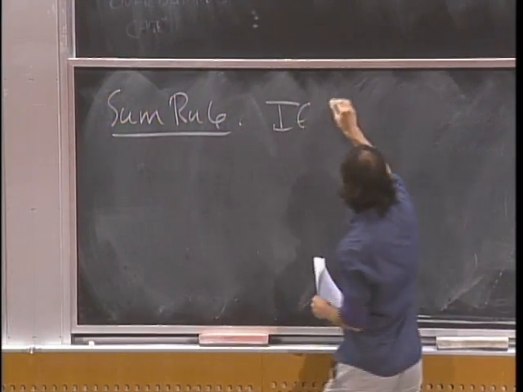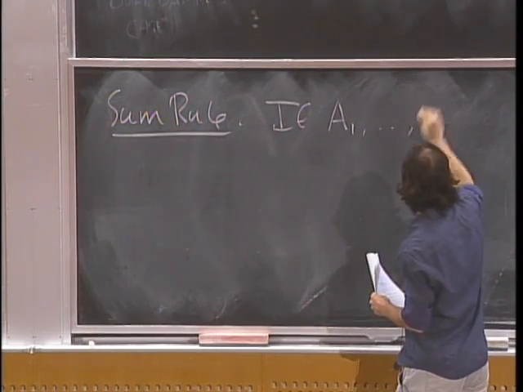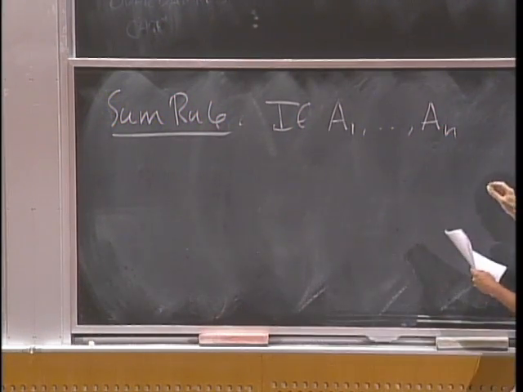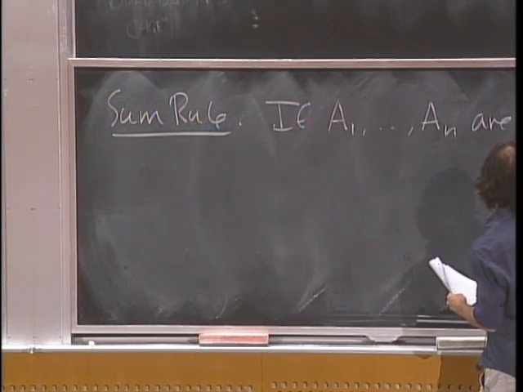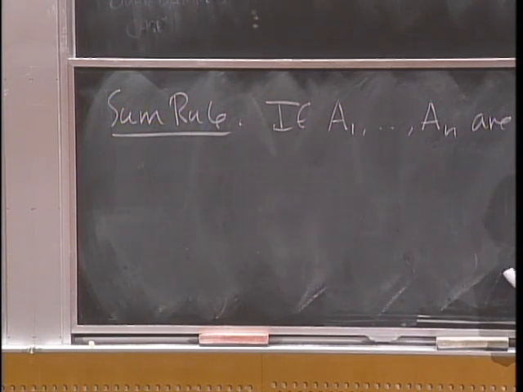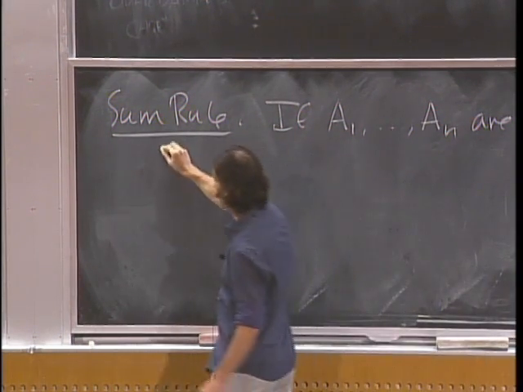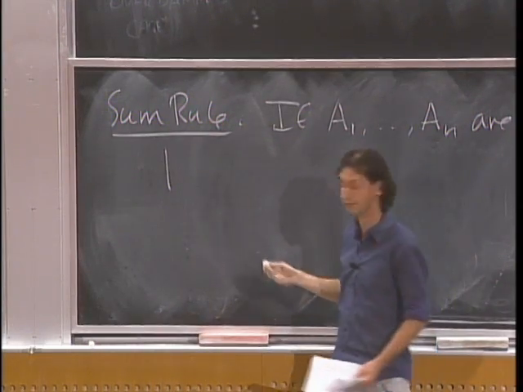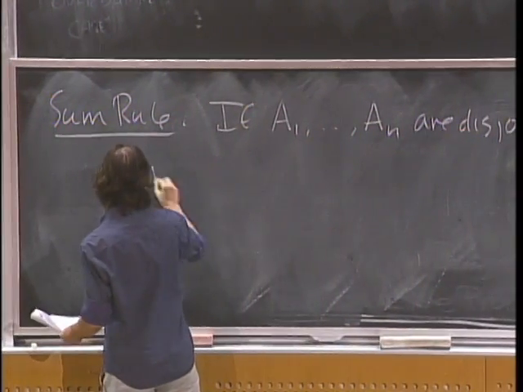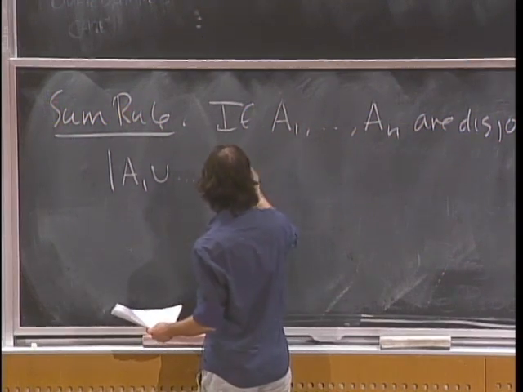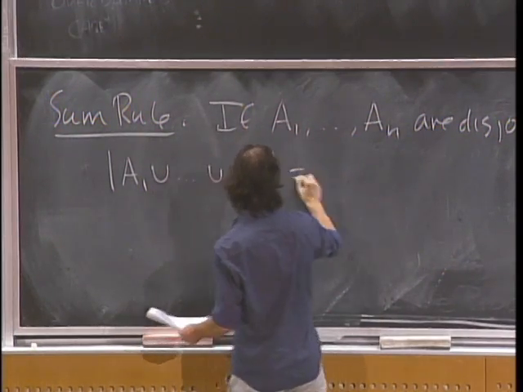If the sets A1 up to AN are all disjoint sets, then if I try to count the union of all those sets, it's going to be the sum of the separate cardinalities.